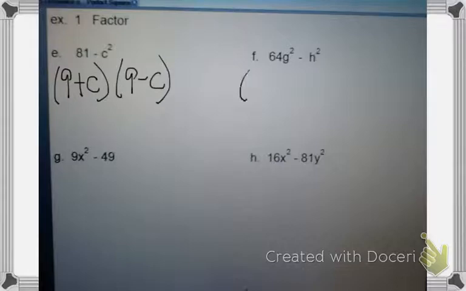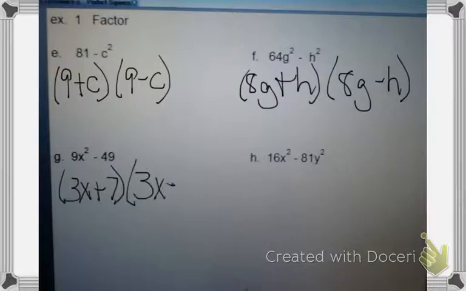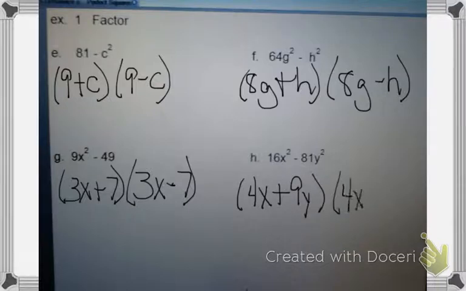F, that's 8g plus h times 8g minus h. G is 3x plus 7 times 3x minus 7. H, that's 4x plus 9y times 4x minus 9y.